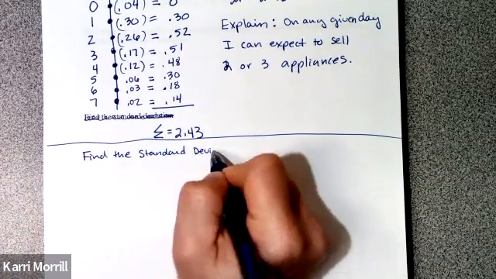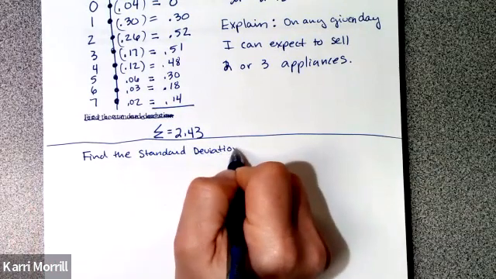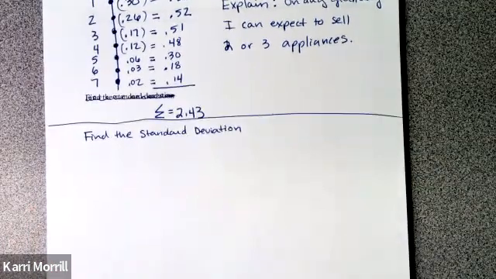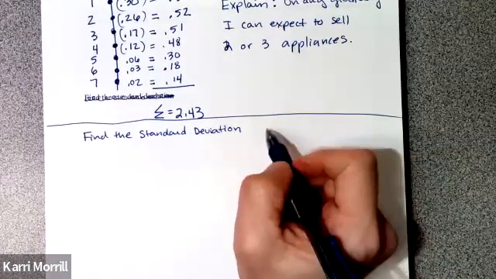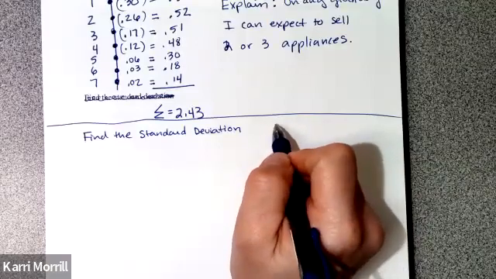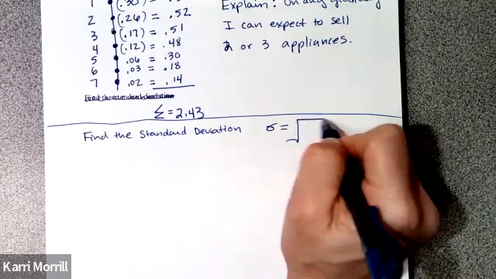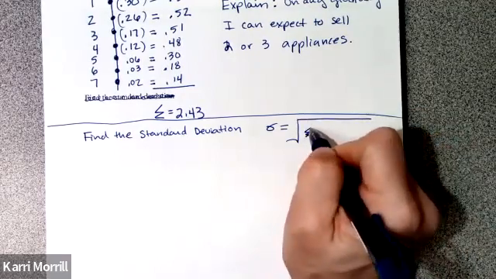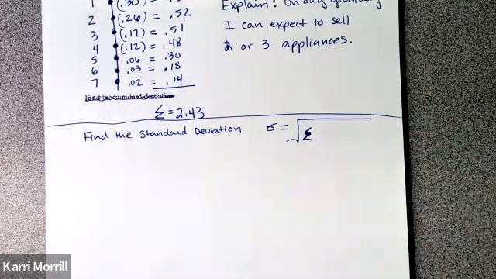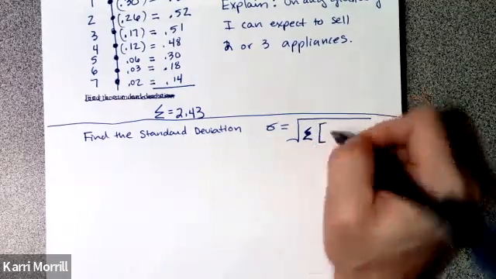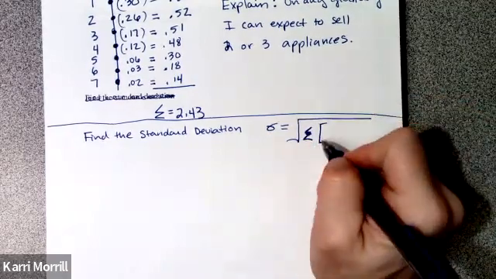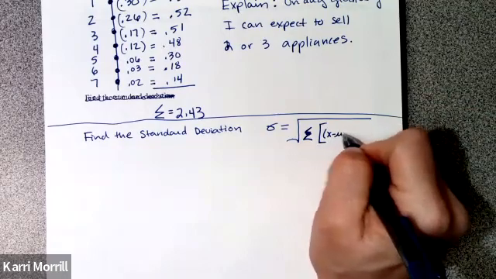The instructions I squiggled out because I wrote past it. Try to keep my work in line. So standard deviation, you have that little sigma symbol equals the square root of the sum of, after you do all this math that's going to be in the bracket, you're going to take your X minus your mu.